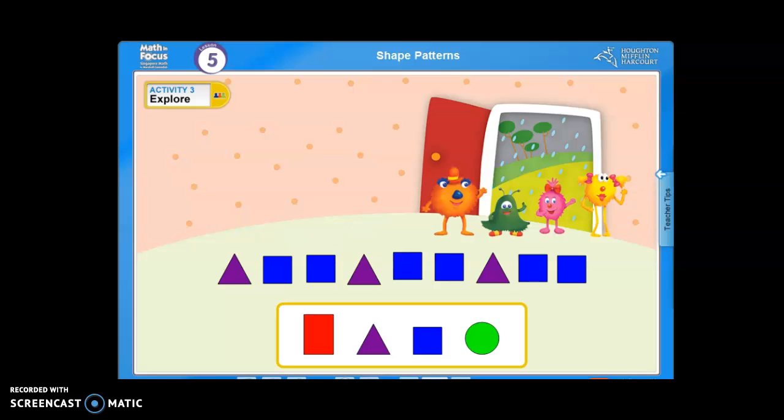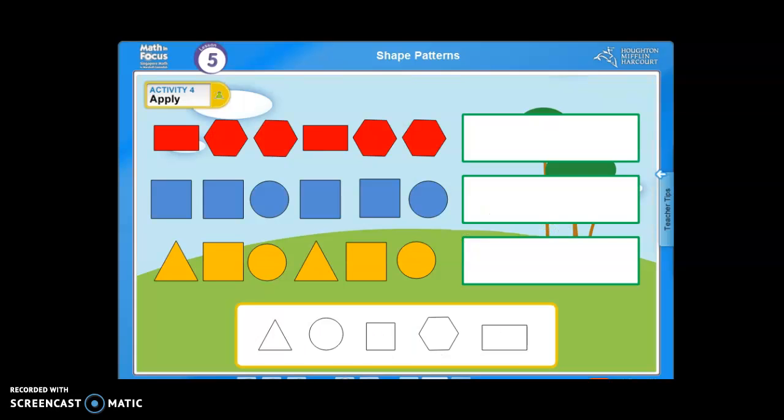Alright, boys and girls, we are going to go on to the next page and we are going to look at the pattern and you are going to tell me what comes next. We have a rectangle, hexagon, hexagon. Rectangle, hexagon, hexagon. What's the next part going to be? Rectangle, hexagon, hexagon. And we are going to make these red like the other ones so they match.